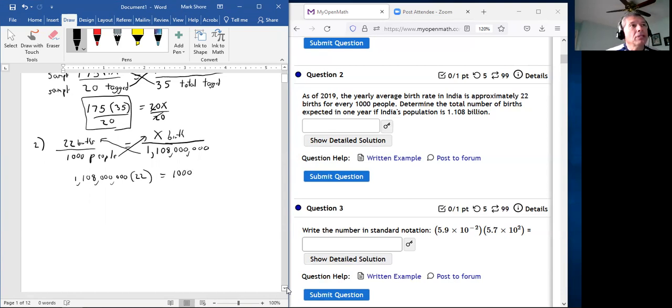And then you would divide both sides by the 1,000. Divide through by 1,000. And to save a little bit of error, when you're dividing, you can cross out these zeros, like 3 zeros here with 3 zeros here, and that can save you a little bit of time. But anyway, just do that and you'll get your answer to the problem.